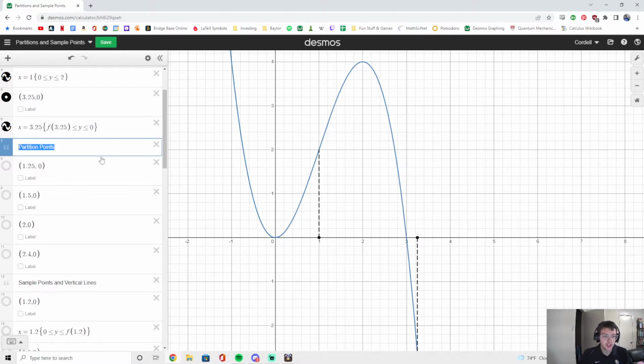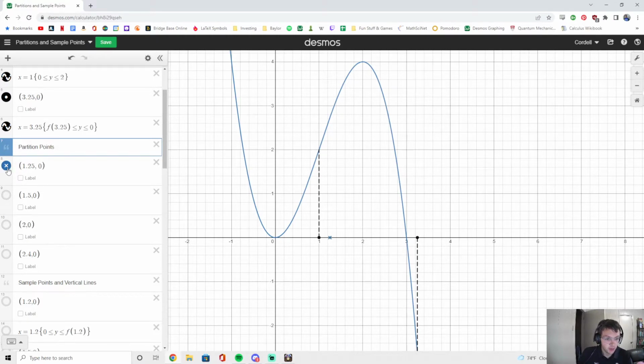I'm about to partition this interval from 1 to 3.25 into multiple subintervals, and the way I do that is I just throw down a bunch of points. I'm forced to choose this left endpoint and this right endpoint. That is chosen for me. Other than that, I can pick any points I want to.